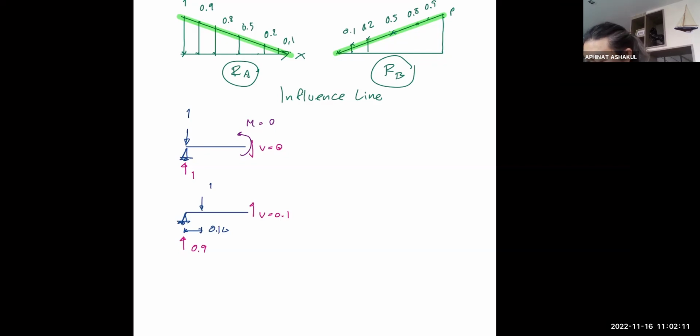It should be positive moment. Moment is going to be equal to 0.9 multiplied by 0.5 L minus 1 multiplied by 0.4 L, right? So that's roughly maybe 0.05 L.